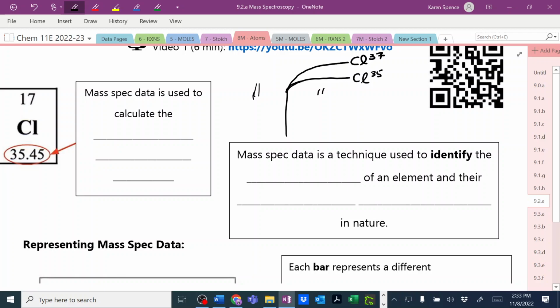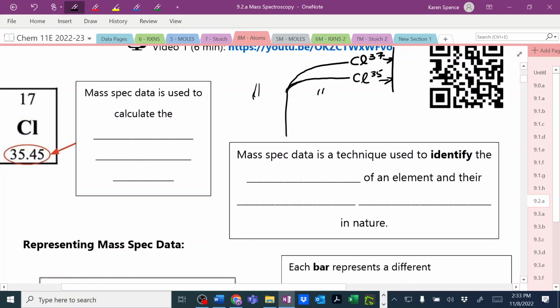You're going to send a whole sample of your matter, a whole bunch of different atoms, and every time you have a chlorine 35, it's going to bang into the screen and register on the machine. Every time you have a 37, it's going to bang into the detector here instead of here, and you'll get a registry on the machine.